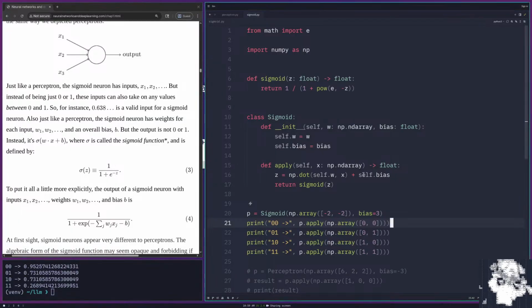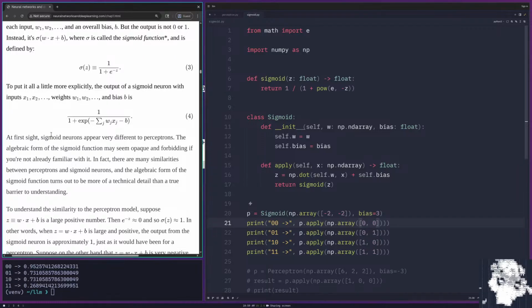So it should have this property where if I change the input a little bit, so let's say 0.1 here, it changes the output only a little bit. So 0.94, 0.95, good.